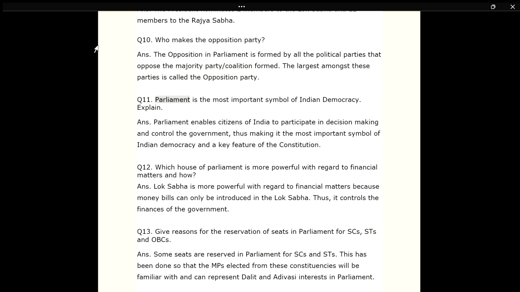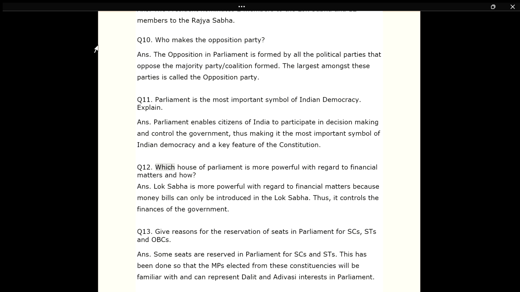Q11. Parliament is the most important symbol of Indian democracy. Explain. Ans. Parliament enables citizens of India to participate in decision-making and control the government, thus making it the most important symbol of Indian democracy and a key feature of the Constitution.